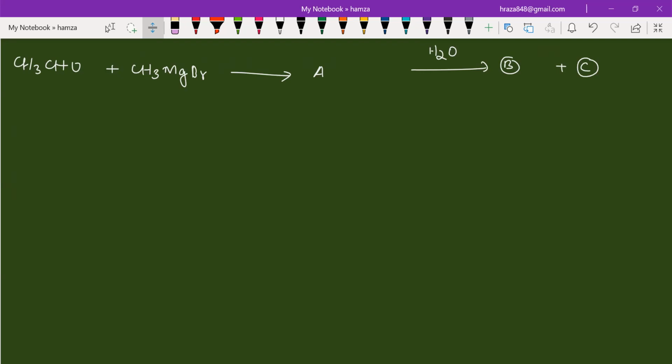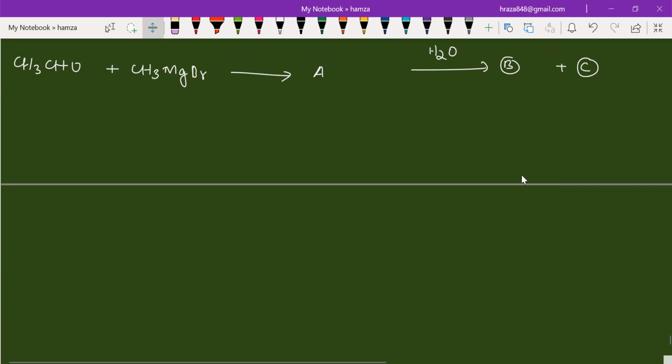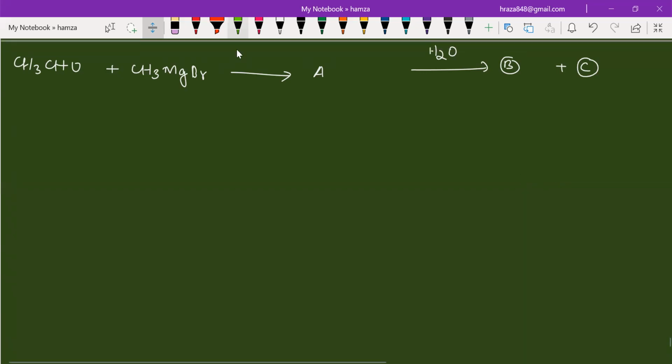Sir, A would be propane. A is an adduct. So just let me know the name of the product B. Is there any answer from Sneha?